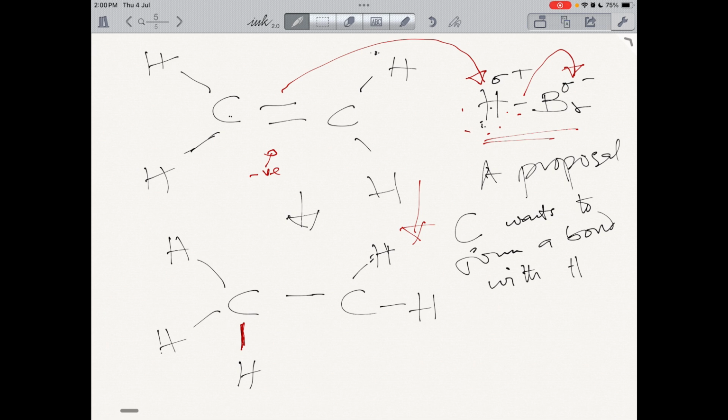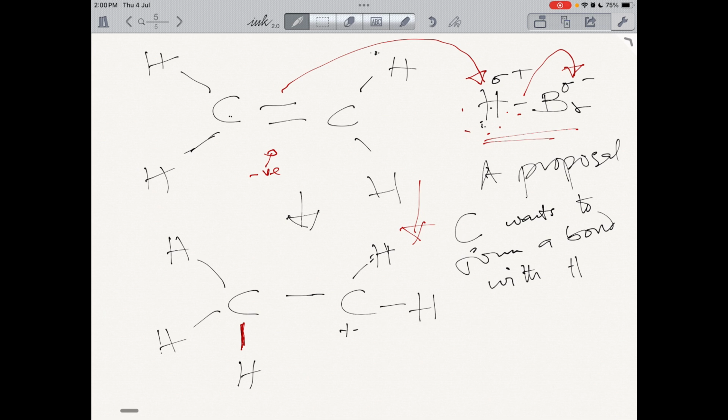Now, because of the formation of this bond, the other carbon, which also contributed to the covalent bond in red ink, has technically lost the electron that it contributed to form the pi bond initially.